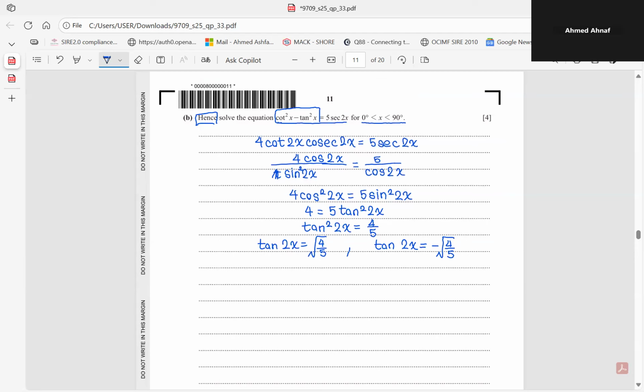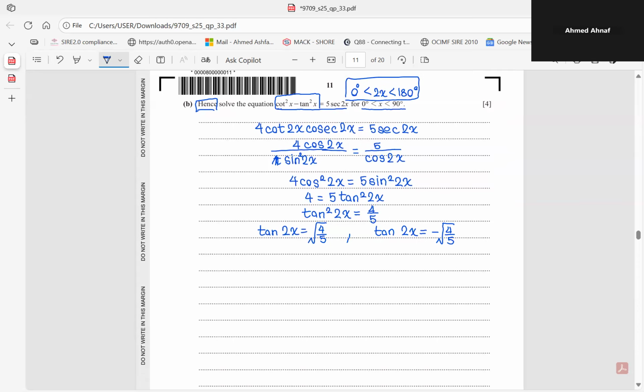So first of all, since our tangent is in terms of 2x, we have to change the range, so 2x is between 0 degrees and 180 degrees. Okay, so this is the range that we're supposed to be working with for now. So we have to see if any angles in this range give us a negative value for tangent.